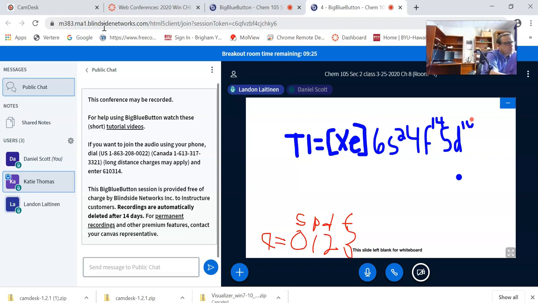Yeah. 5d10, and then what? 6p1. Very good, 6p1. Excellent, let's go back and see if anybody else got it right, okay?